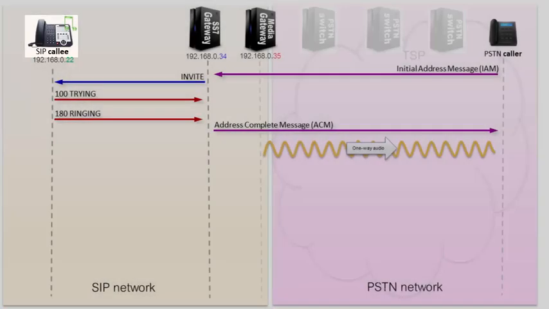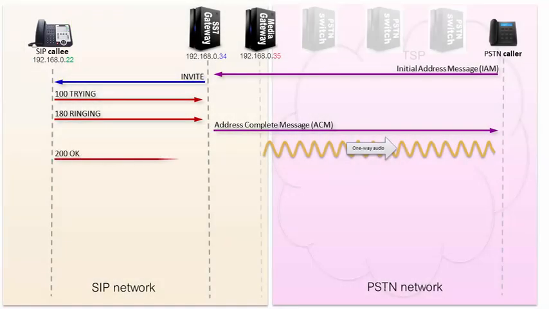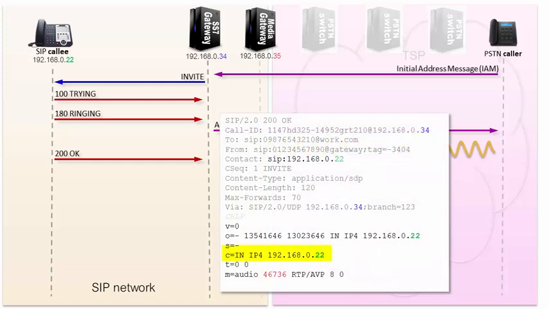Then, when the SIP callee picks up, a 200 OK is sent from caller to gateway. Note how the SDP in the 200 and the contact address point, as we'd expect, to the called SIP user agent, effectively telling the gateways downstream where to send back media and subsequent requests.